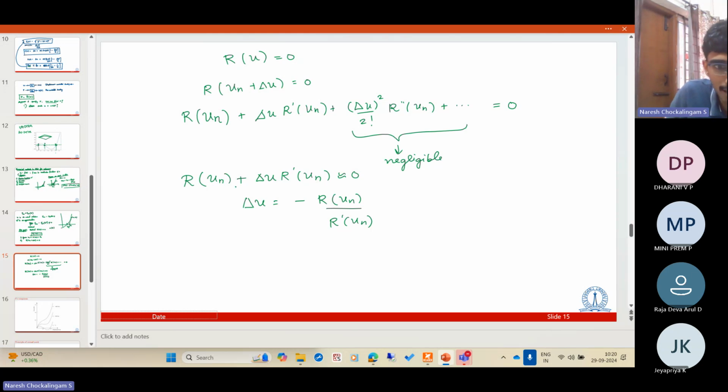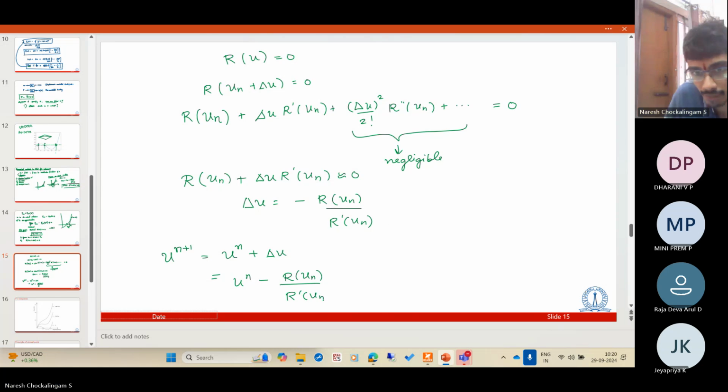Okay. But this delta u is not going to take us anywhere by itself. So you just use a corrected estimate for the root. So you say un plus 1 is equal to un plus delta u. And this is un minus r of un divided by r dash of un. But what is r of un? R of un is not 0.